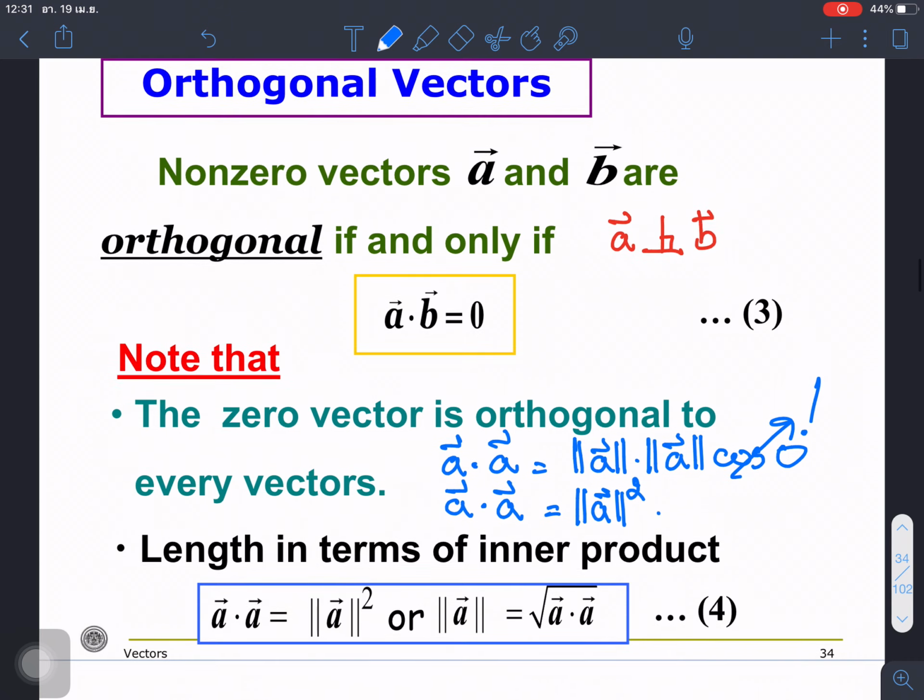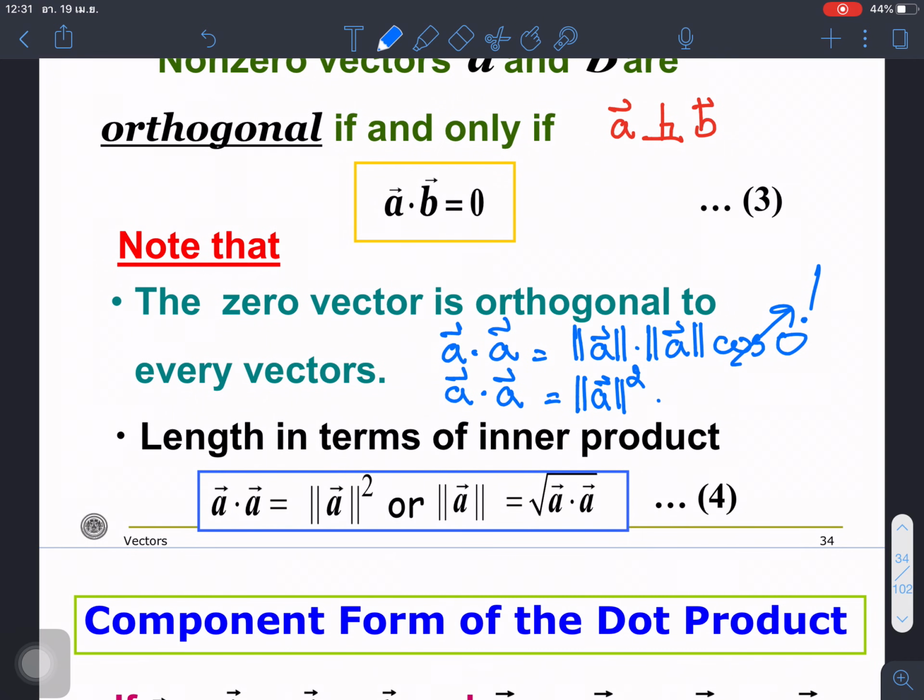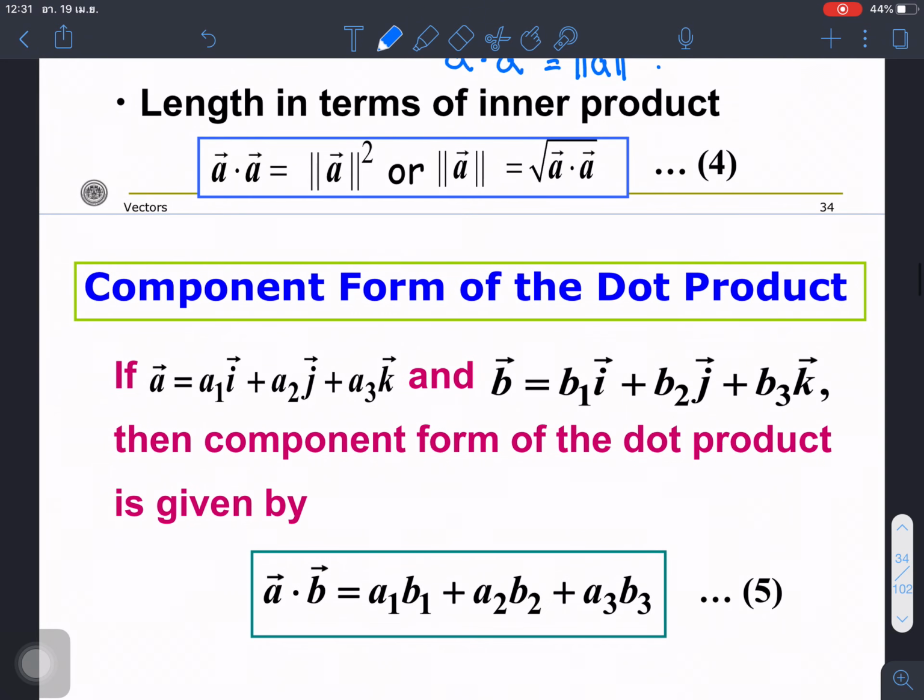The definition, when you want to find the dot product, is that you find the modulus of the two vectors and multiply by cosine of angle theta. But there is another way you can find the dot product if you are given the vectors in coordinate form, with the coordinates i, j, k.